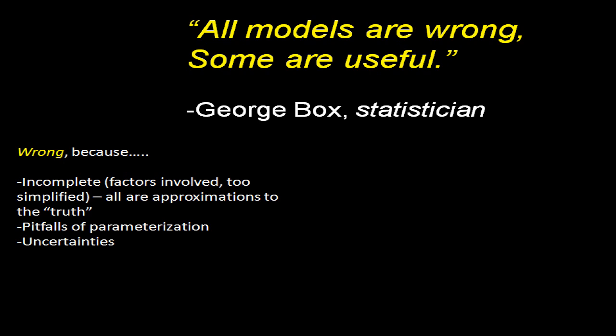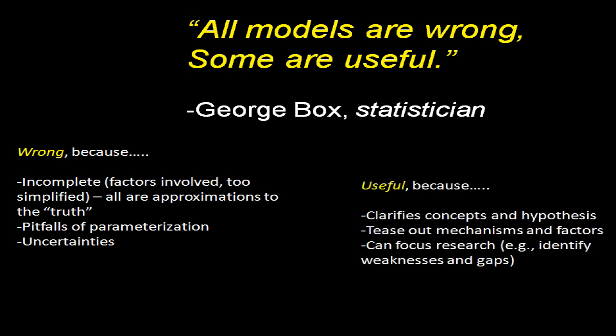As I mentioned earlier, there is no way you can include every single thing in the model. And they're all approximations to what is the truth. And then you have, of course, the parameters or the numbers that you're using for the model that have their own errors. And of course, uncertainties in how you're representing the system with the model.